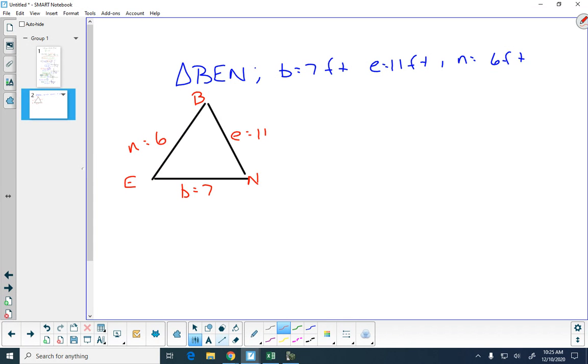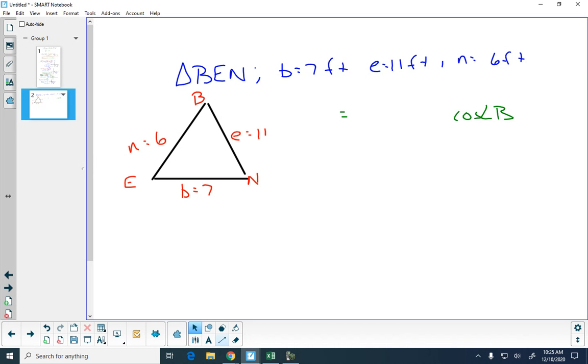So let's go with angle B. If you have angle B at the end, the only way that's connected there is cosine. So we have the cosine of angle B at the end.